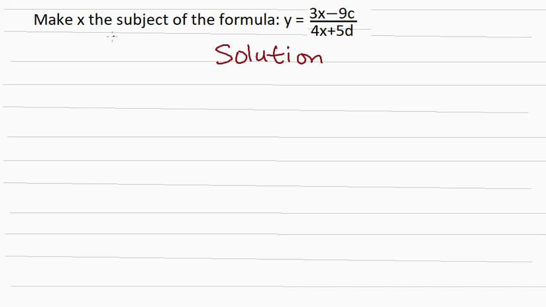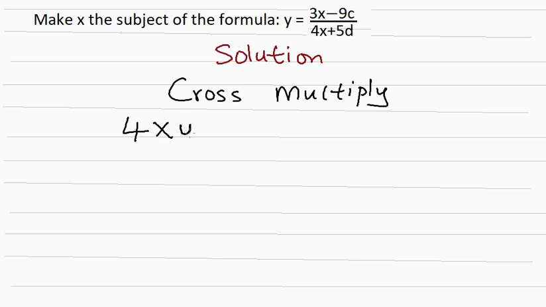Since I'm making x the subject of formula, I have to cross multiply. So by cross multiply, I'm going to have y multiplied by 4x, that's going to give me 4xy. y multiplied by 5d, that's going to give me 5dy.